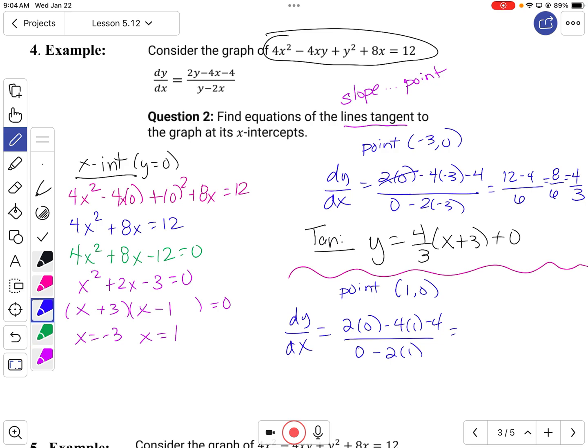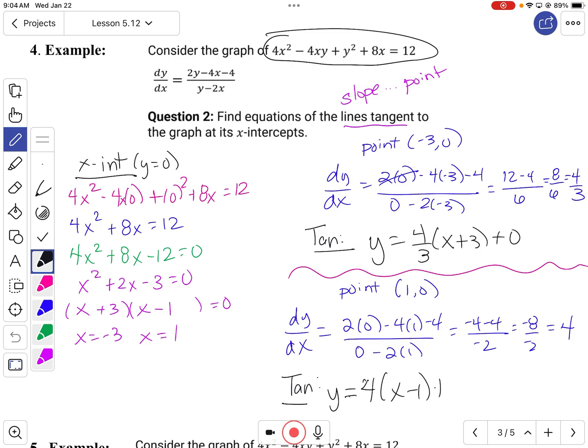Which would give me negative 4 minus 4 over negative 2, negative 8 over negative 2, which would be positive 4. Okay, and so my last tangent equation, y equals 4 times x minus 1. You can put the plus 0 if you want.